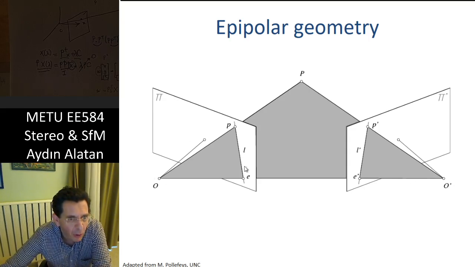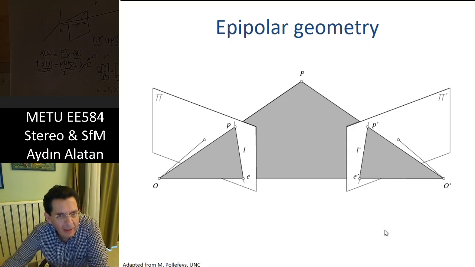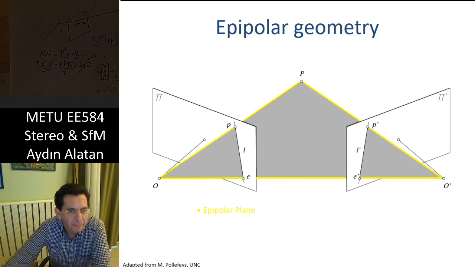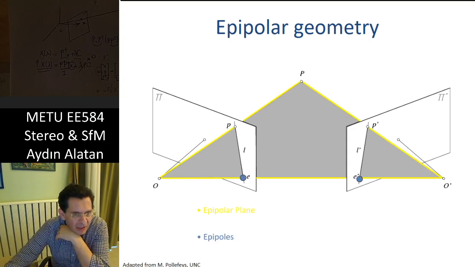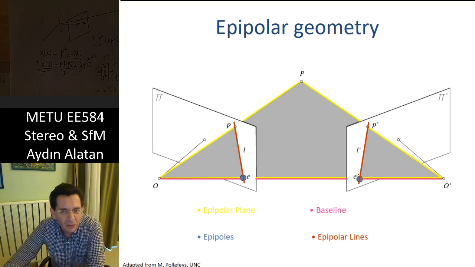Now this is the epipolar line, and this is the epipolar plane. Let's define them one by one. The yellow one is the epipolar plane. These are the epipoles, and between the centers is the baseline between the two cameras, the red one.